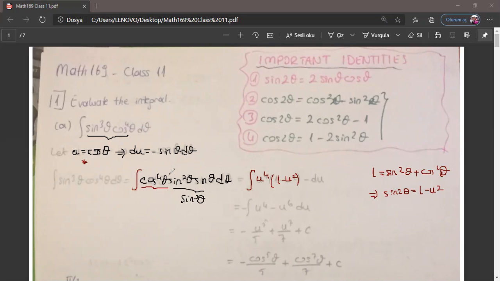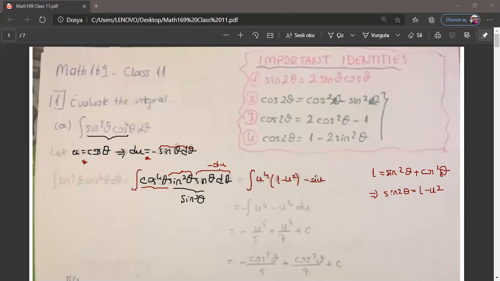So we wrote this in terms of u. Now sine theta d theta, from this equality, is minus du.